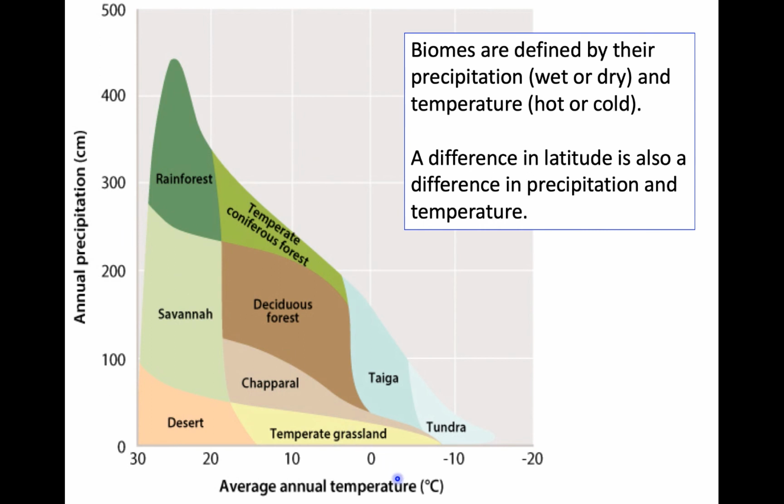So a tundra is very cold and has very little precipitation. A rainforest is very warm and has lots of precipitation. A desert is very warm with no precipitation, and you have all these things in the middle as well. Okay, I think so far so good, right?